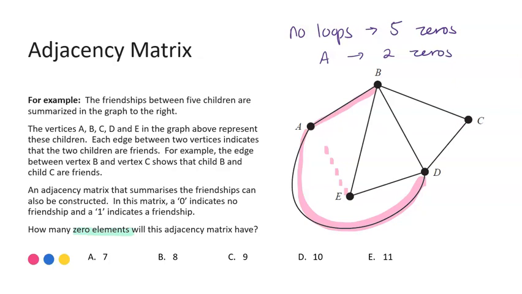Vertex B is connected to all of the other vertices. It has 4 edges leaving it. So there'll be no zeros there.